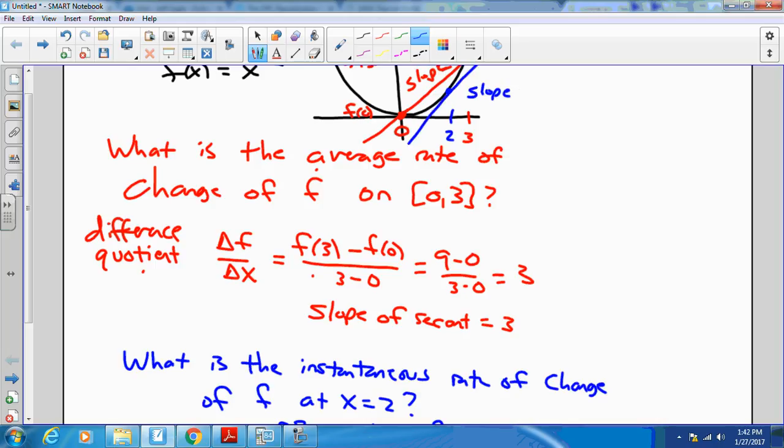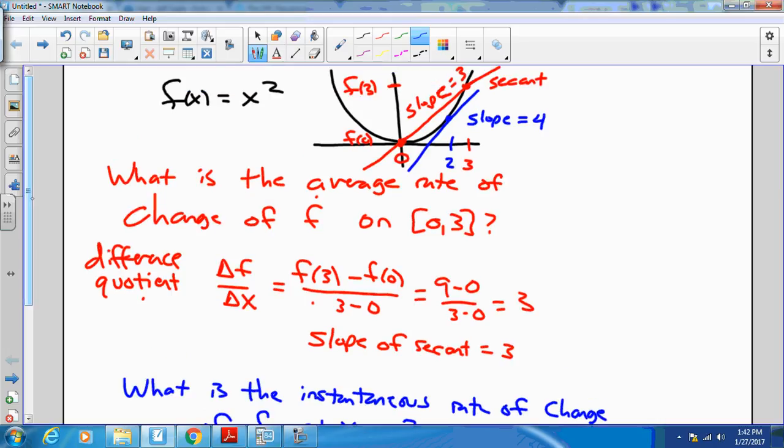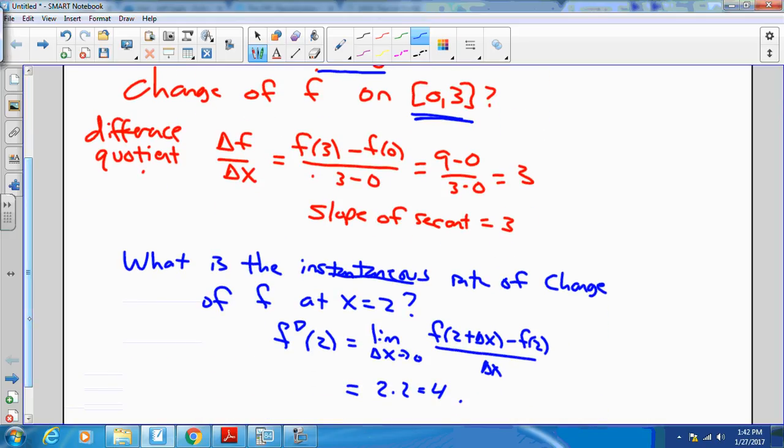So I want to point out the differences between the language and the concept. The instantaneous rate of change is going to be the slope of the tangent line. And you can see that this tangent line is somewhat steeper than this secant line right here. The first difference is just the language, average versus instantaneous. The second difference is the specification. An average is taken over an interval, whereas an instantaneous rate of change, understandably, is evaluated at a point, at an instant.